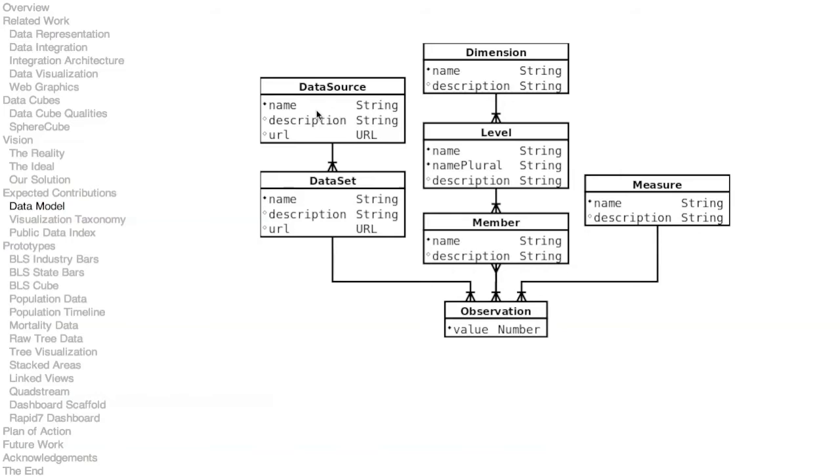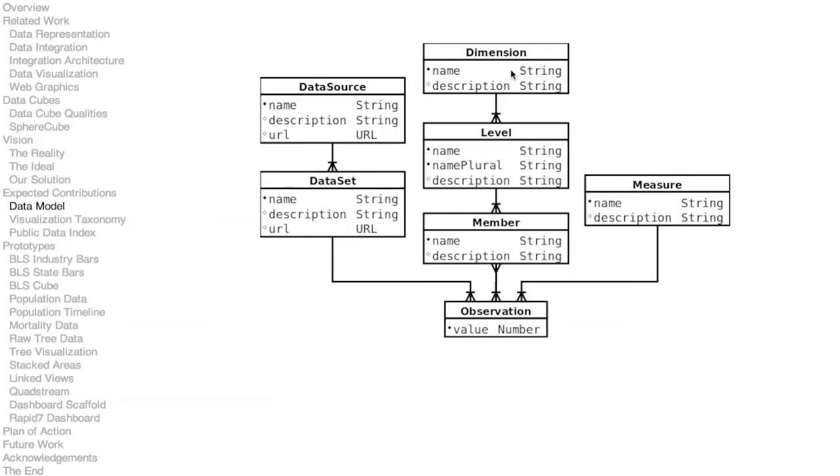So it's just a has-many relationship. It's like a parent-child relationship. So each data source can contain many data sets. And a data set has many observations. So the observations are the cells in the data cube that contain the actual data.